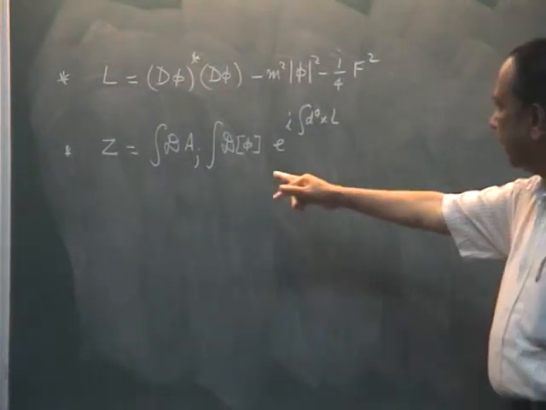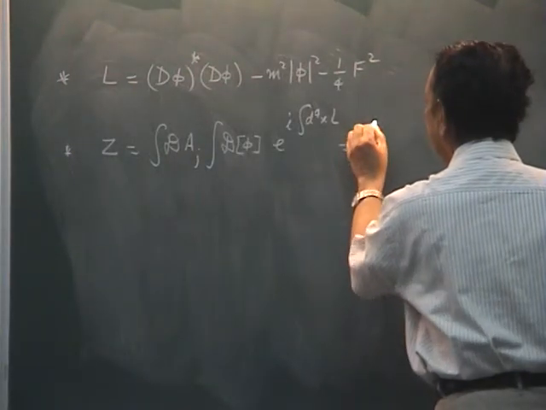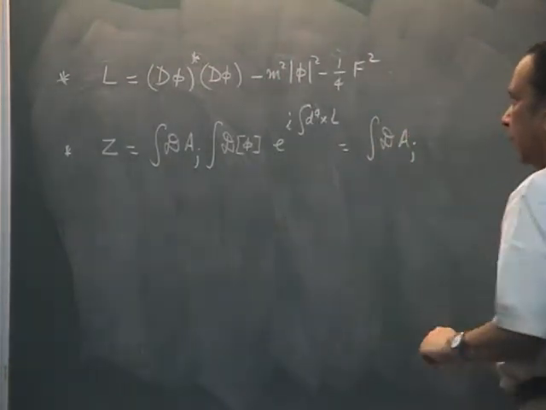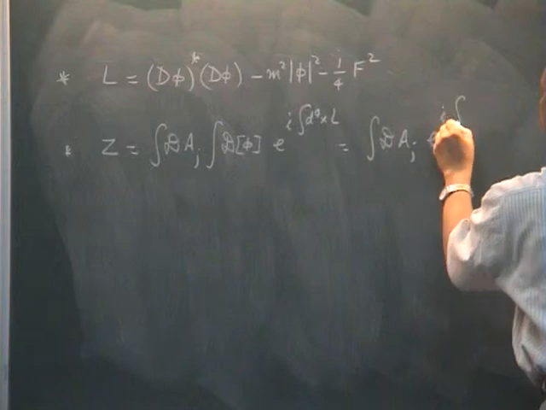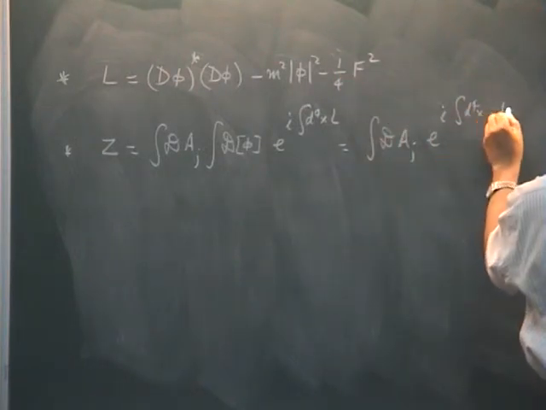So we want to do the integral over phi first. So this will turn out to be an integral over dA_j. You will certainly have here e to the i integral d4x of this piece of the Lagrangian, because that is independent of phi.